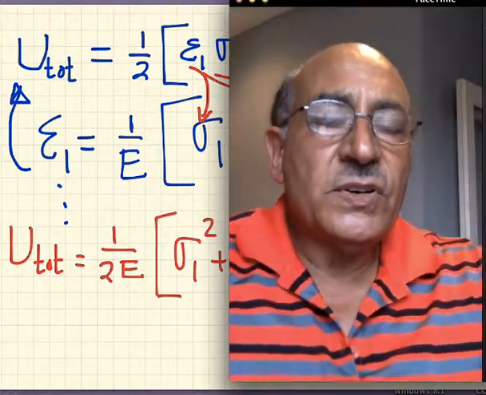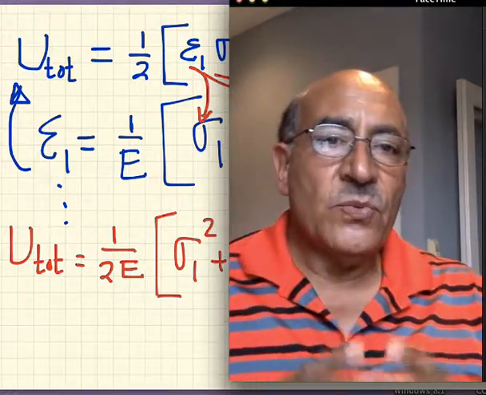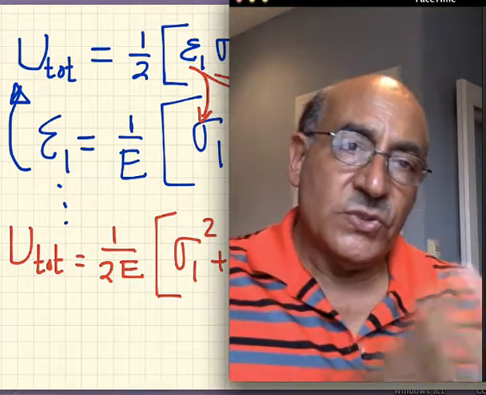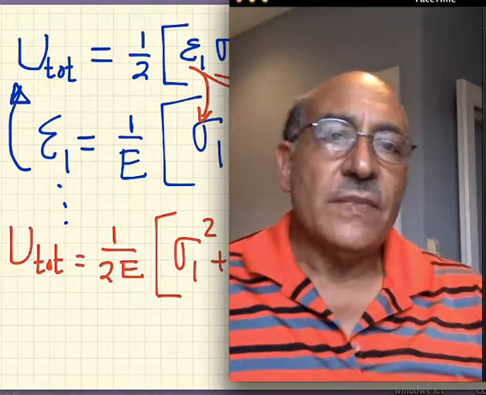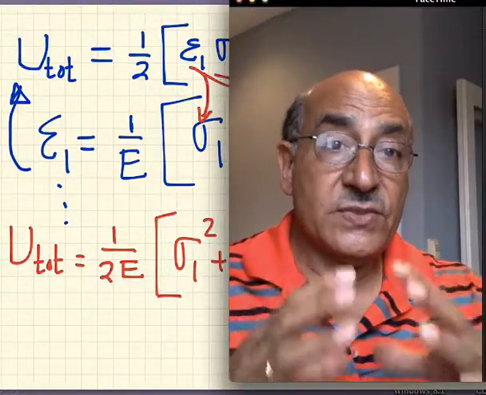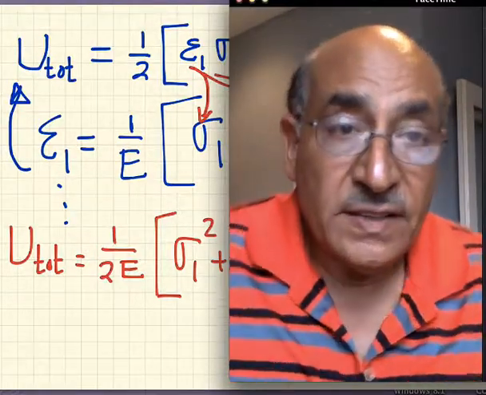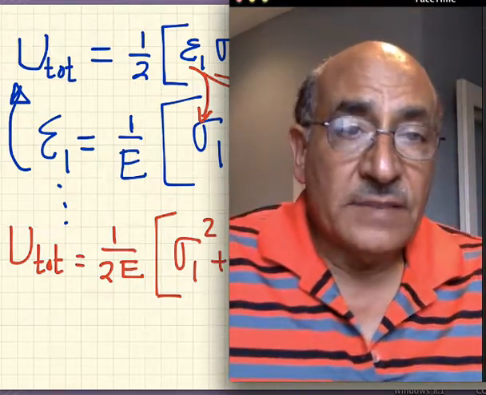Now, I have a couple of steps. Number one, I want to find out what is the energy stored in the deviatoric part. I don't care about the energy stored in the hydrostatic component, because that's so symmetric the material doesn't fail. So I want to subtract that out and find the deviatoric part.